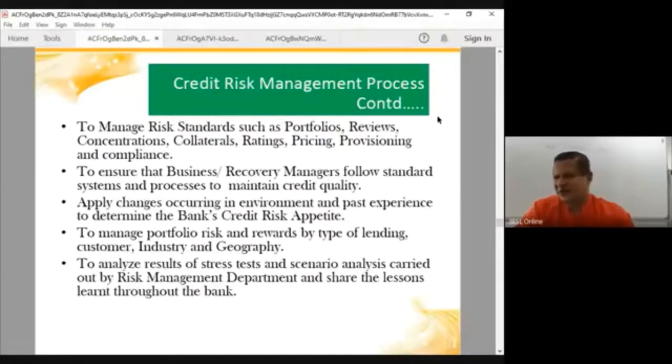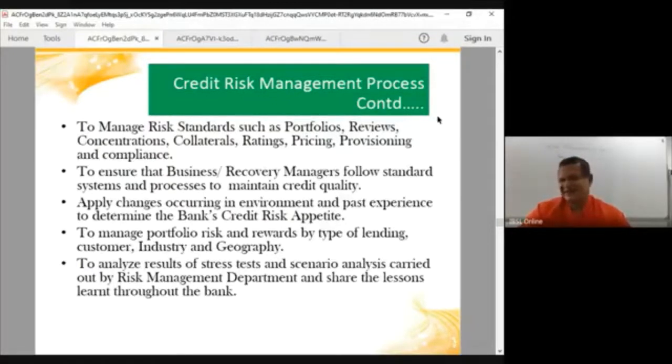They need to manage portfolios. They need to do the reviews. Check the concentration. They need to see from time to time whether the collateral has value. Then the rating of the customers, and whether the loans you have given carry an interest rate which has a good spread over the interest expense on deposits. If bad loans are there, you need to do provisioning.